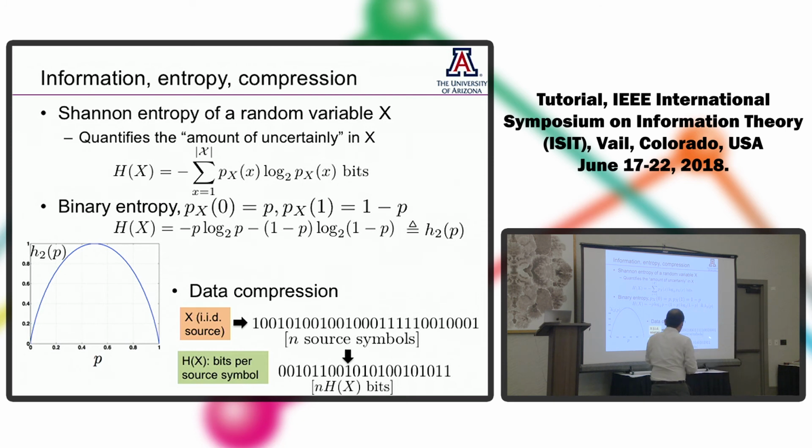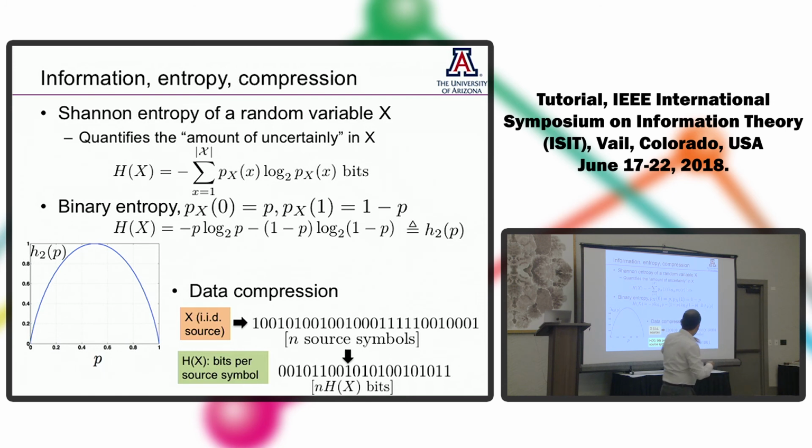One way to think about this source compression is that if I were to build a register where every bit of my register can only store a 0 or a 1, only one of two different things, then n times h of x is the number of such bins I will need in order to accurately describe an n-length sequence of that source.